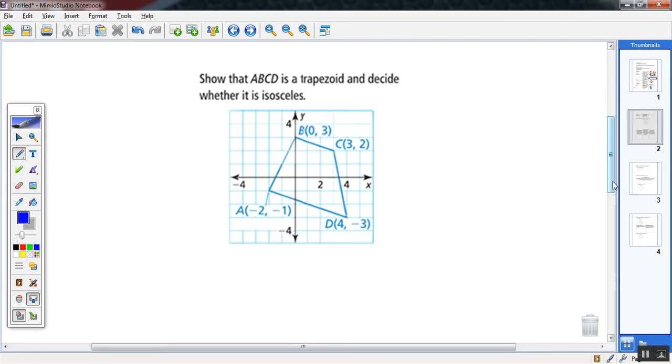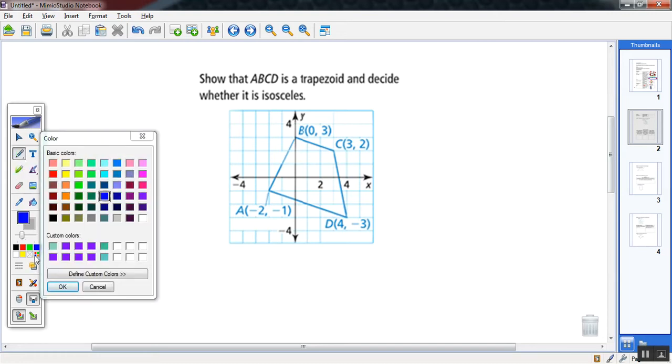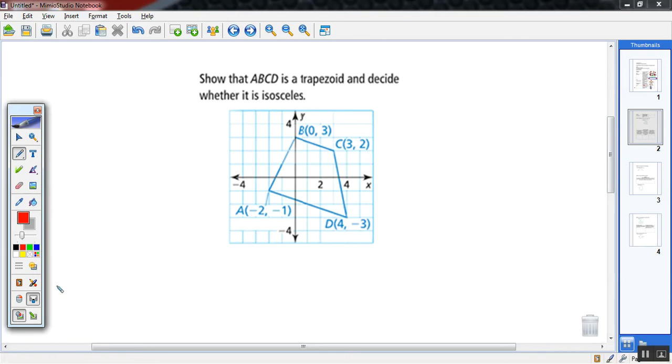Well, as I look at the drawing right here, which sides appear to be parallel? Okay, let's look at the slope. So are you talking top and bottom as it relates to BC and AD? Yes, sir. So let's look at the slope from B to C. Rise and run from B to C. All right, what's the slope from C to B, kids?